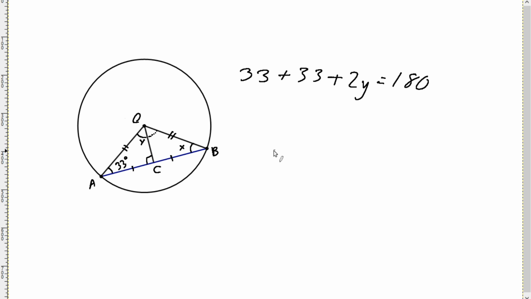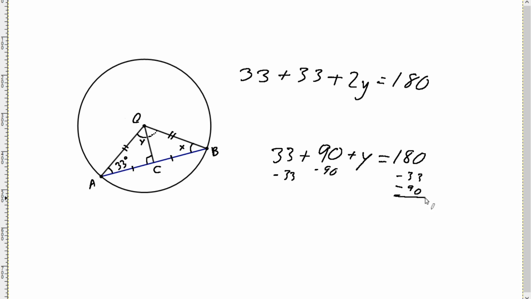And we could say 33 plus this 90-degree angle that we have plus y equals 180. And if we do our algebra here, minus 33 minus 90 from both sides, we'll end up getting y equals 57 degrees.